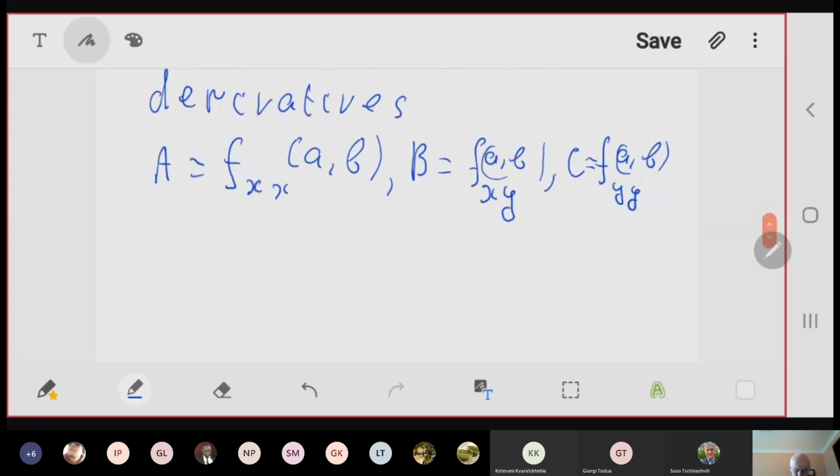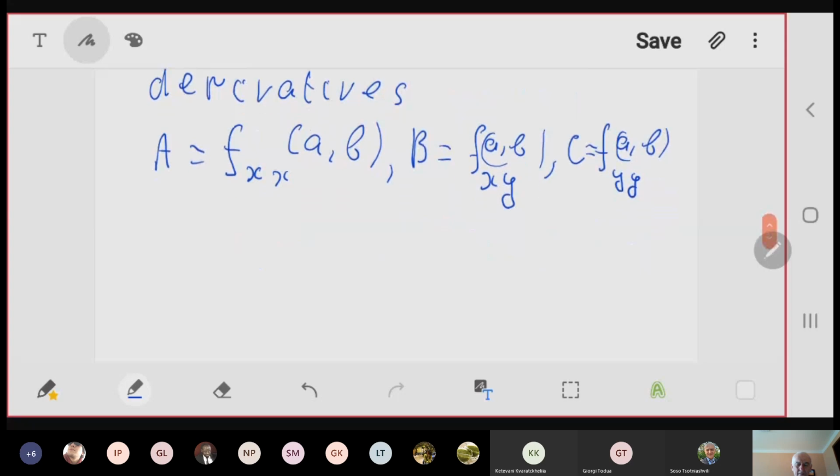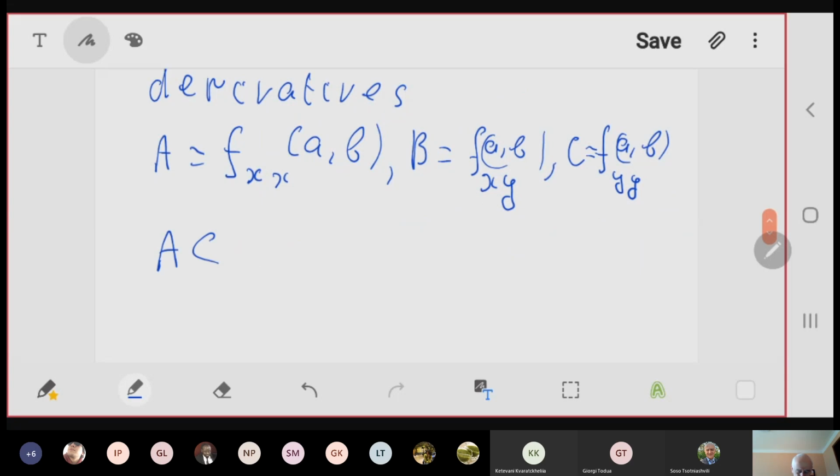Okay, and now we will construct a very important number, and it's A times C minus B squared. We should find this number, A times C minus B squared.